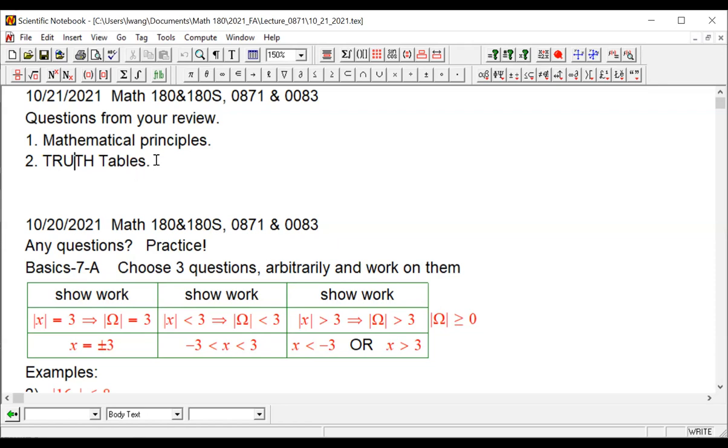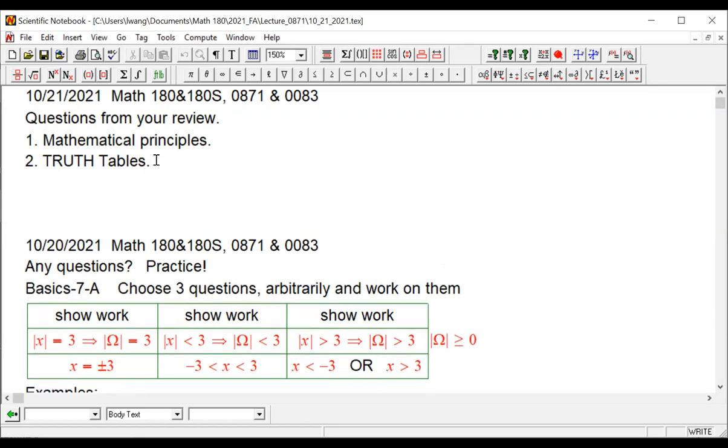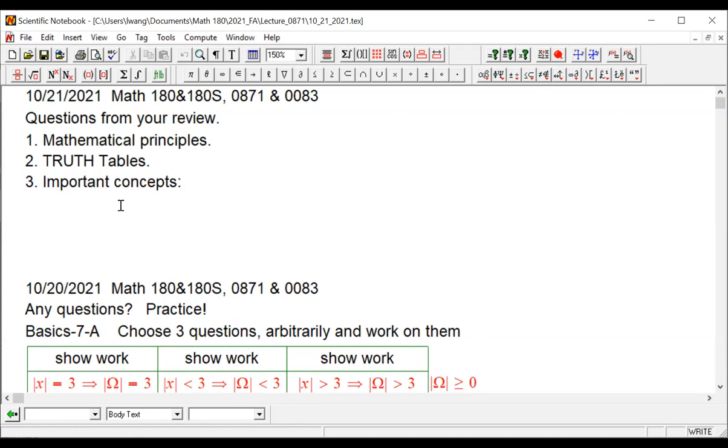And of course we have some important concepts. So what are these important concepts? Number one is function.